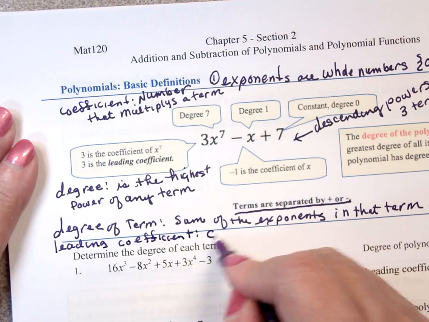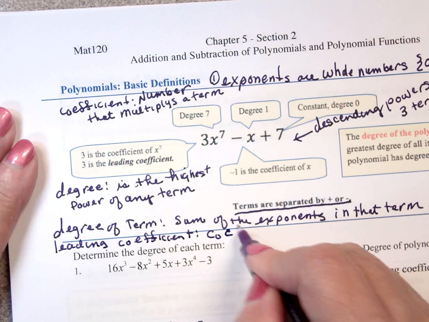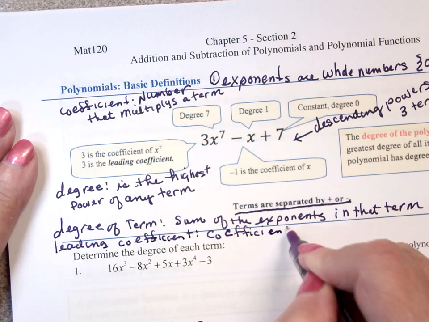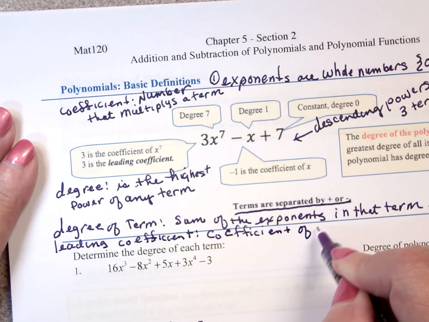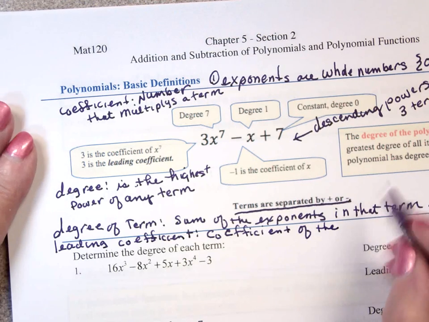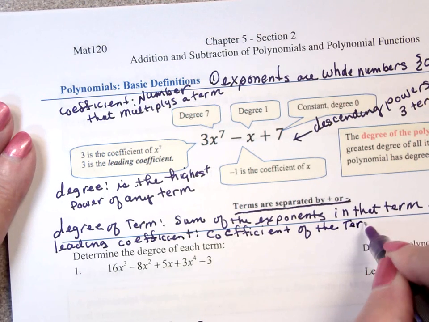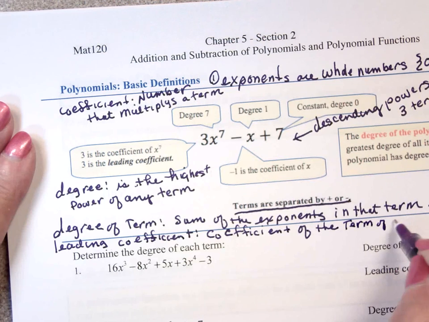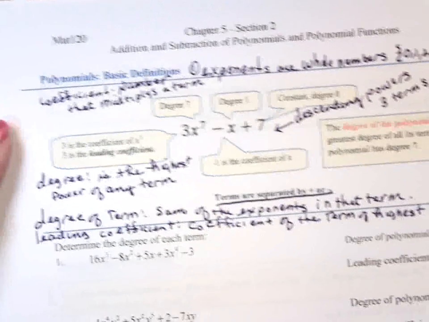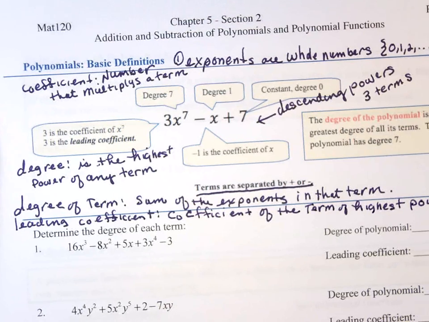It is the coefficient of the term with the highest power.